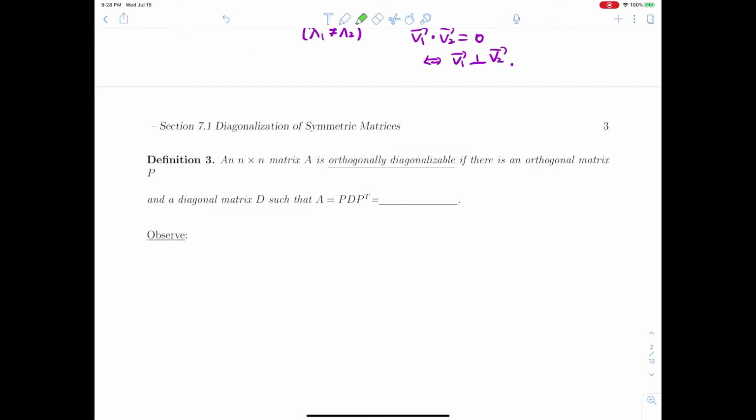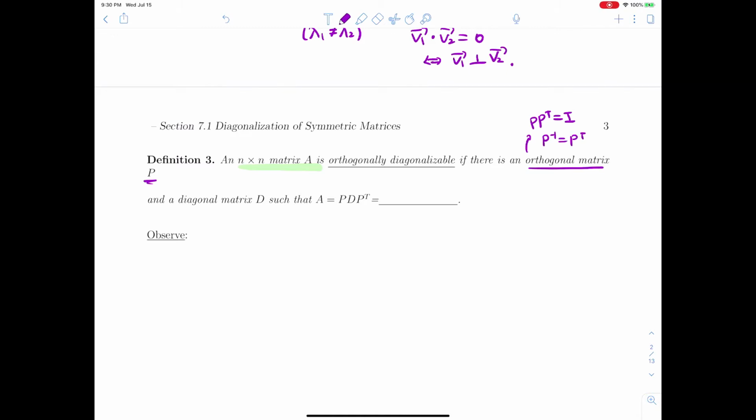Now, we call an n by n matrix A orthogonally diagonalizable if there is an orthogonal matrix P. Remember that an orthogonal matrix has the property that P transpose P is the identity, so if P is a square matrix, we have P inverse the same as P transpose.